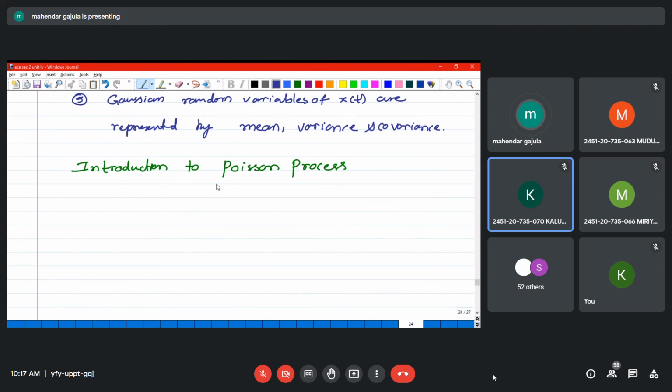Accidents happen rarely or frequently? Rarely. So we can apply it to find the accident distribution. Telephone calls come rarely or continuously? In a day, how many times do you get called? 5, 6.